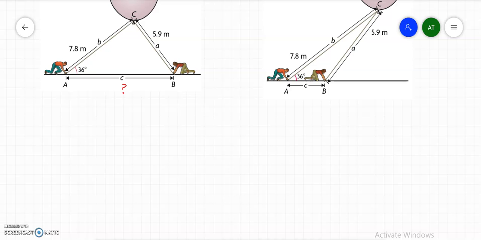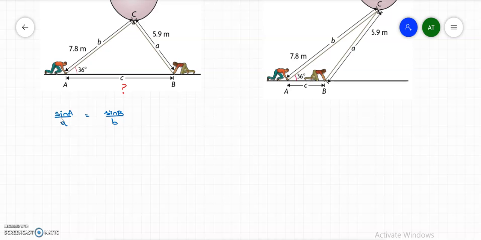How can we get the value of C? We know the values of A and b, but C is missing, and angle B and angle C are also missing. In the first step, we need to use the sine law to get angle B. So we do sine A over side a equals sine B over side b.